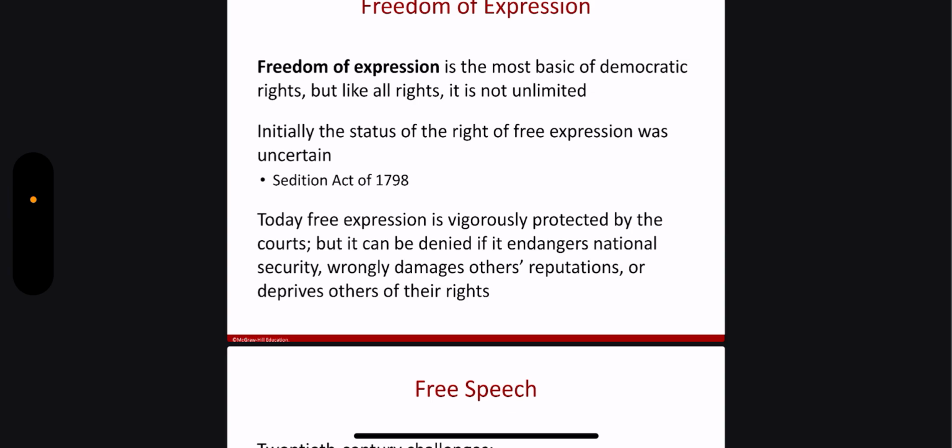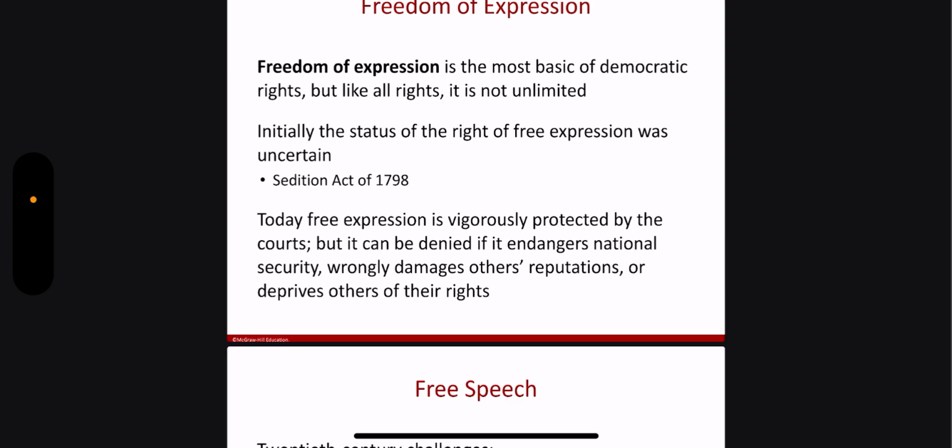And today we're like, well, maybe that wasn't such a good idea. Maybe that was unlawful. Maybe that ran against this idea of freedom of expression. Now, even though we know it's not unlimited, not being able to speak out against the government seems like that should probably be a fundamental right. So the Sedition Act of 1798 ultimately was found unconstitutional.